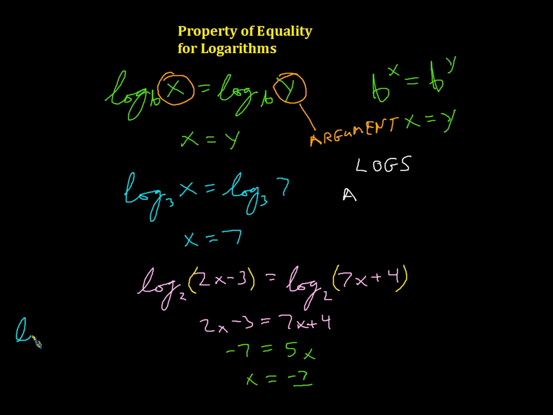Log base 2 of 0 equals what? 2 to what power equals 0? There's no power of 2 that equals 0. So the argument must be greater than 0.